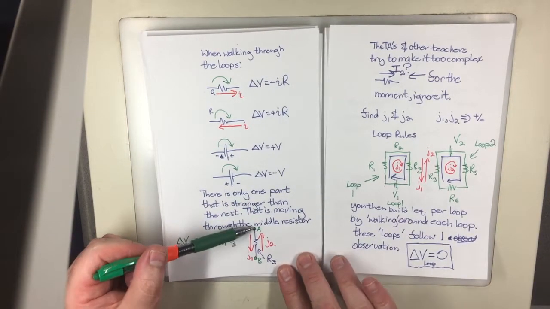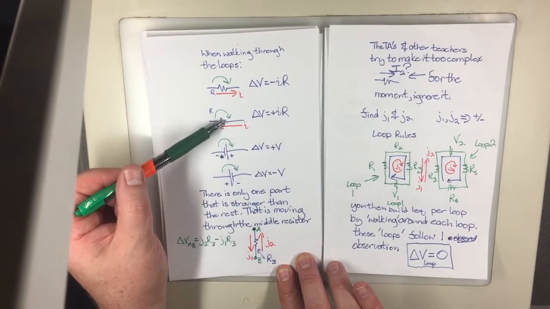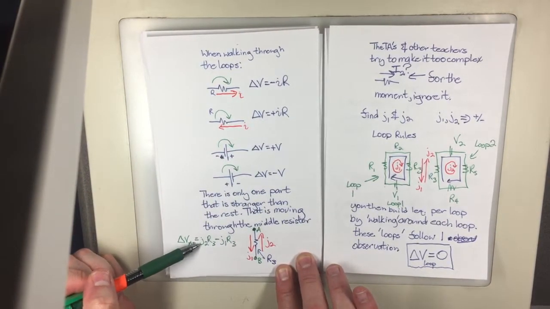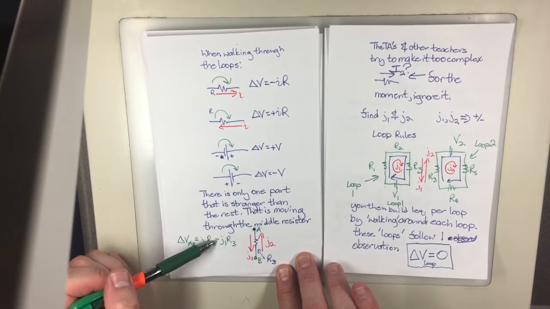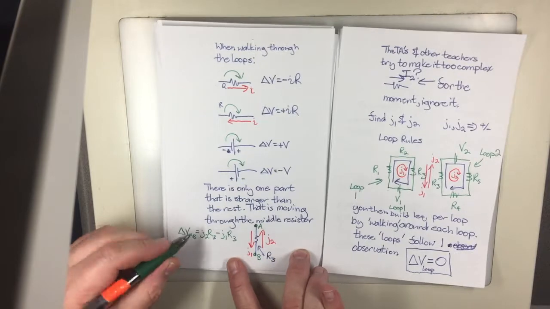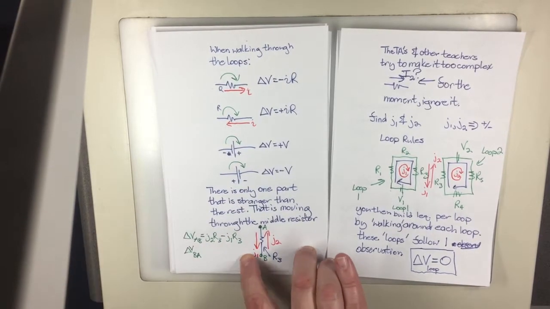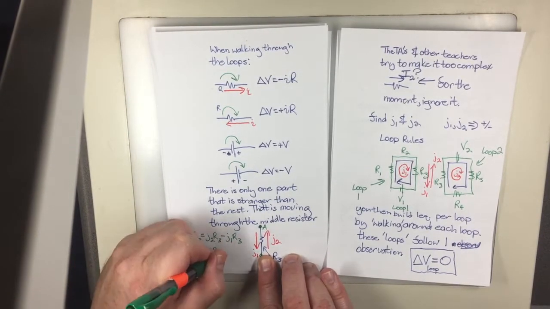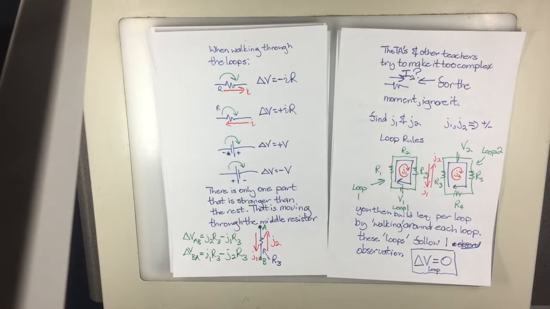Because when you're going from there to there, you're going against current J2, which is the current times the resistance, or in this case, J2 and R3. And then you're going with J1, so that's J1 R3. If your change in potential across that middle resistor is from B to A, it's J1 R3 minus J2 R3. So that's only the middle part that you have to worry about.